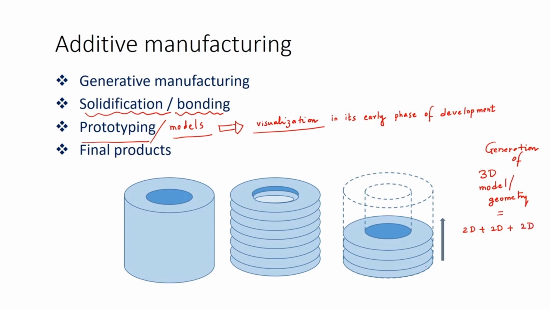Here you can see all these are 2-dimensional. So, in generative manufacturing, a 3D model is built by slicing its geometry into a finite number of layers, and those layers are bonded together by using a variety of methods.